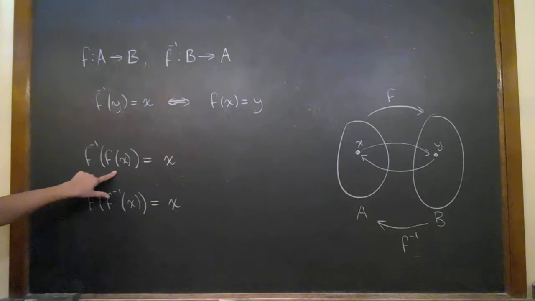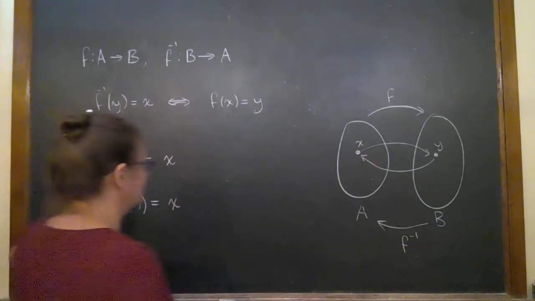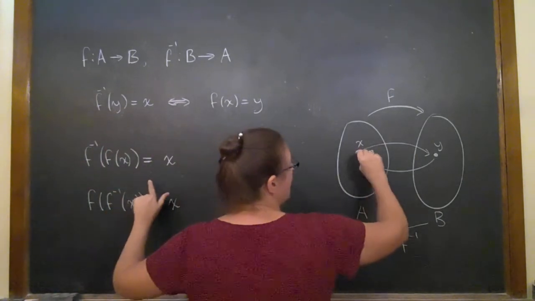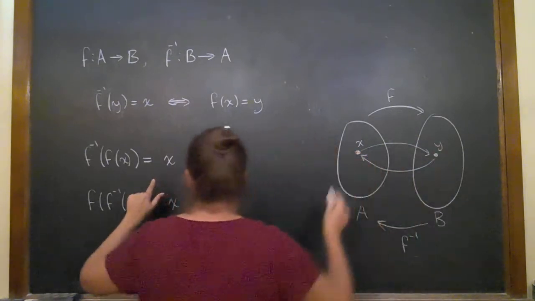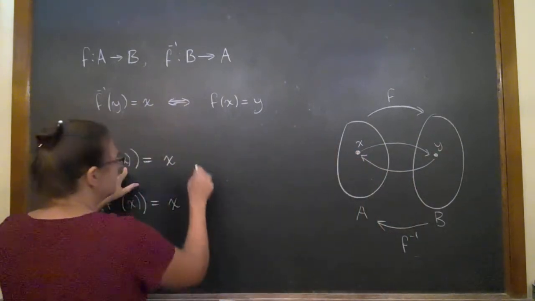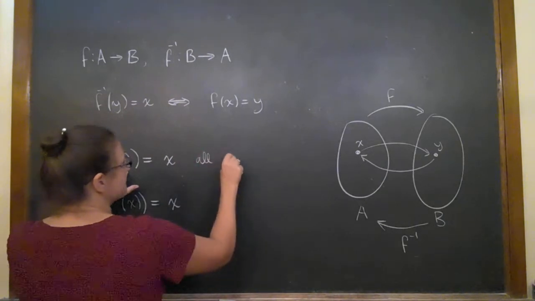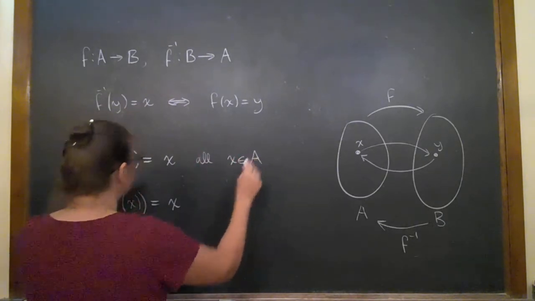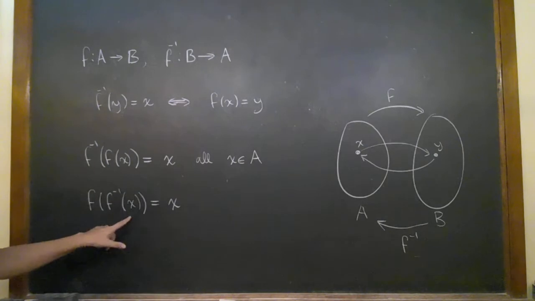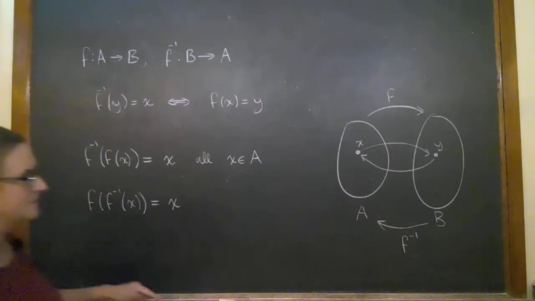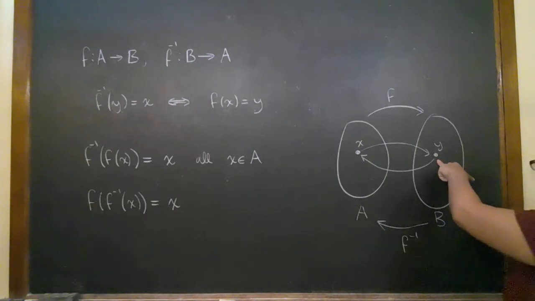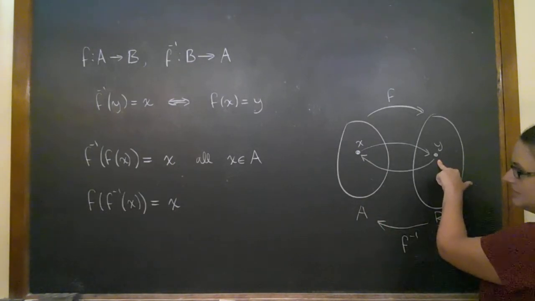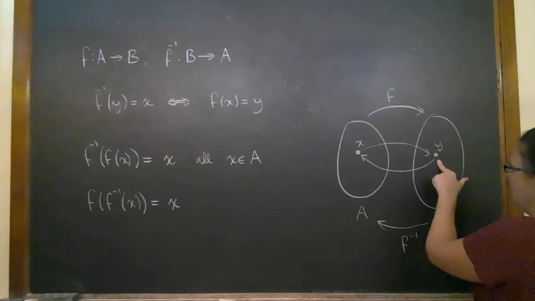So this first one was the first thing I did here. I take x, I apply f to it, and then I apply f inverse, right? So I'm starting with something in this set A. The second one, I'm applying f inverse to something, so I'm starting here. So really, my one point that I have pictured here is y, so maybe I should just say y, but it's easier to remember if we just call everything x.